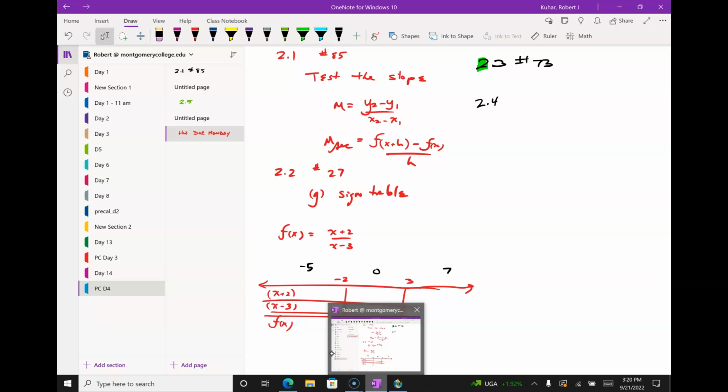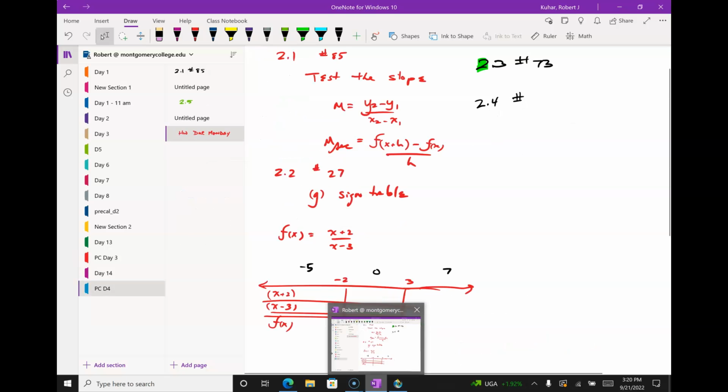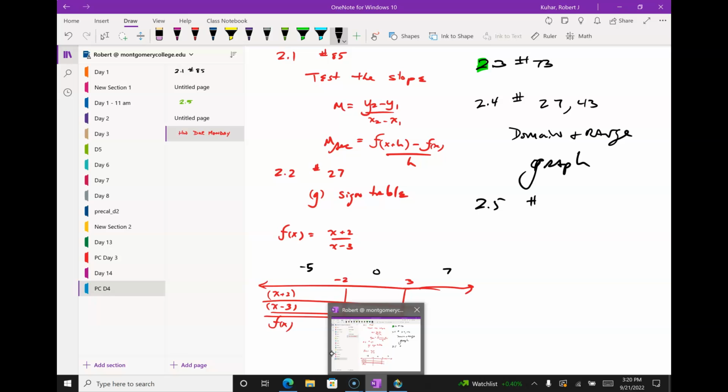Then I wanted 2.4, two problems there, 27 and 43. And I'm asking for a graph and a domain and range. And then 2.5, I just added number 45 and 53.